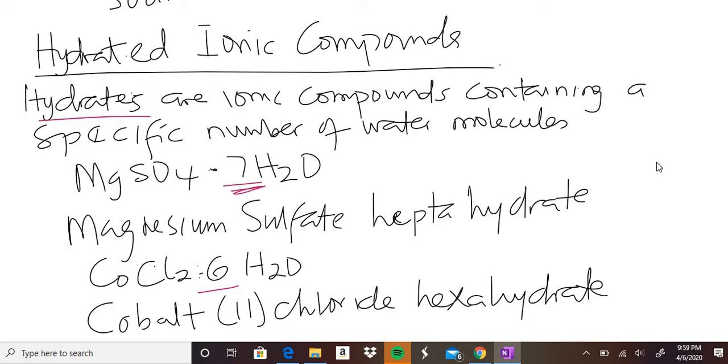It's a hydrate. So we name the compound just the same way. And we have magnesium sulfate heptahydrate because we have 7 molecules of water. So the water becomes hydrate.